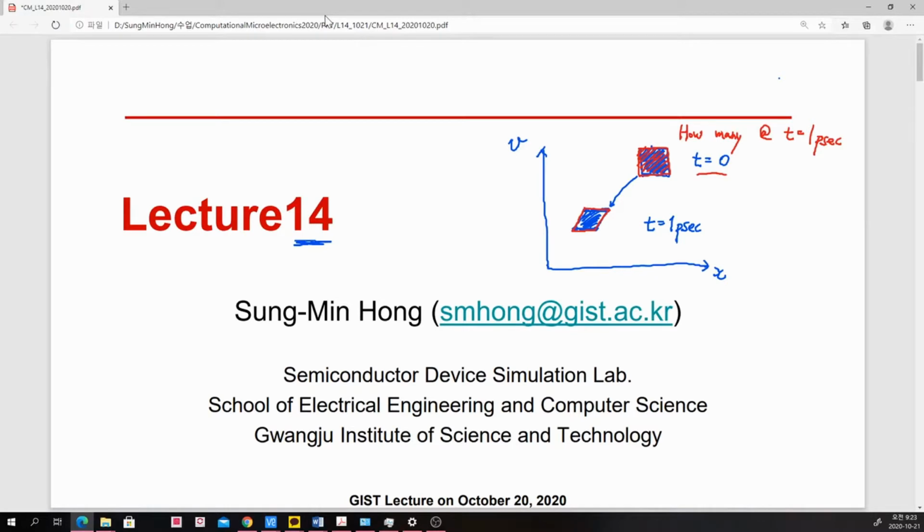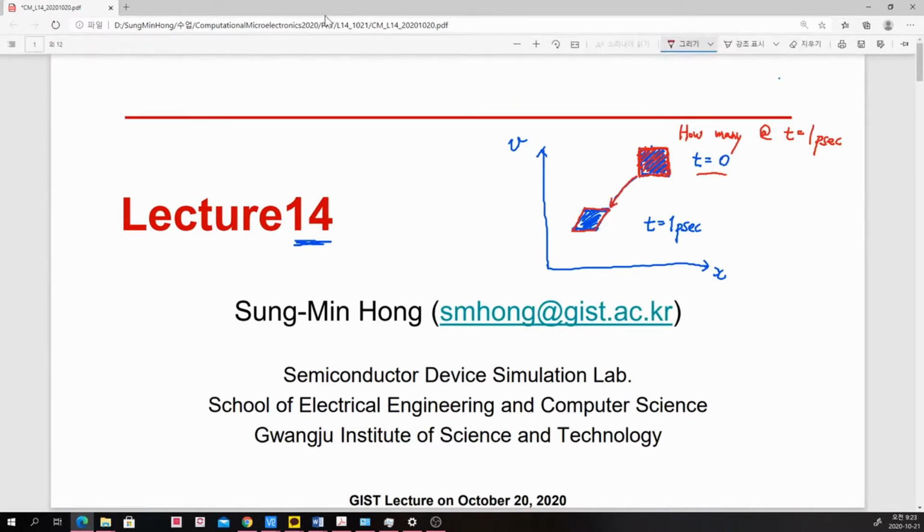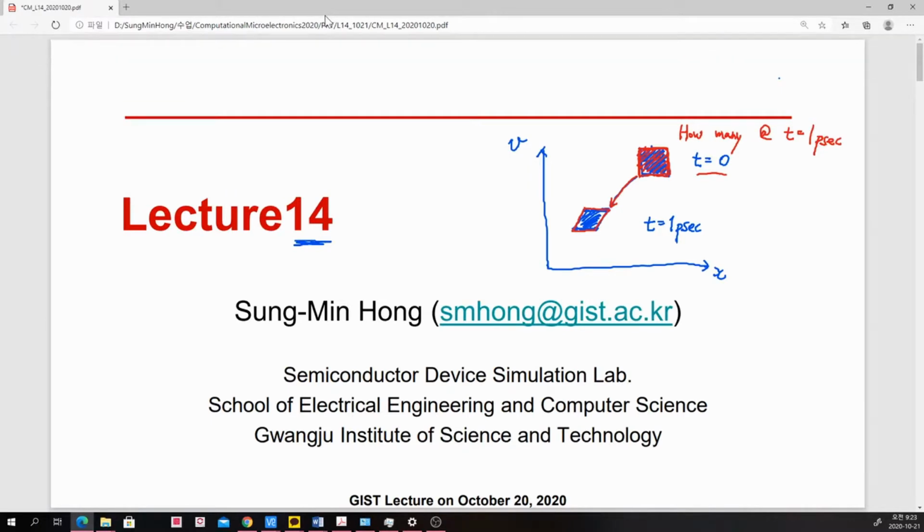Whenever time elapses, our group of electrons moves and their motion follows Newtonian motion.